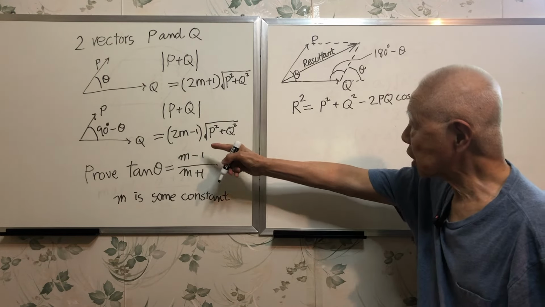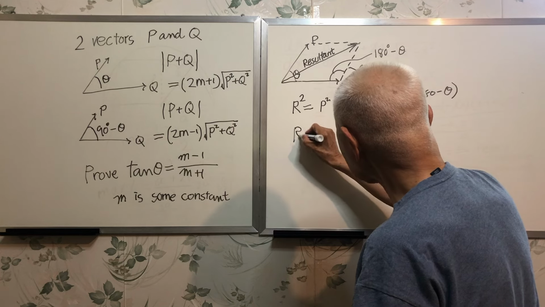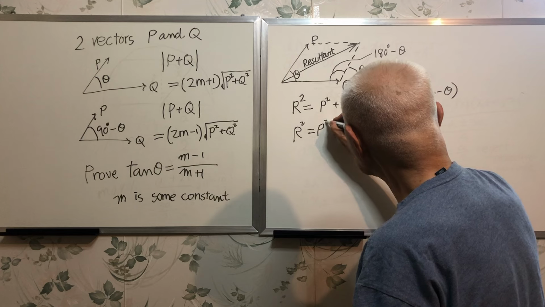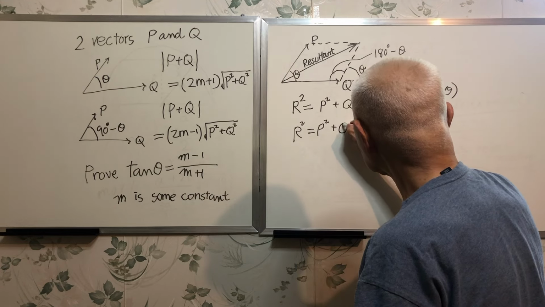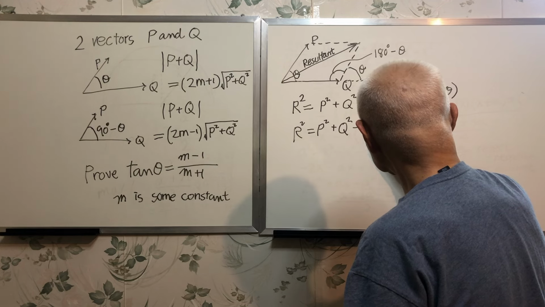Now for the next case, what is R square? It's the same thing, P square plus Q square minus 2PQ.